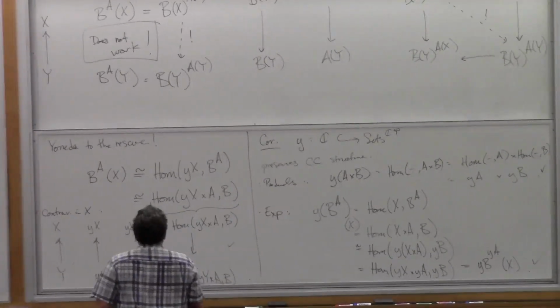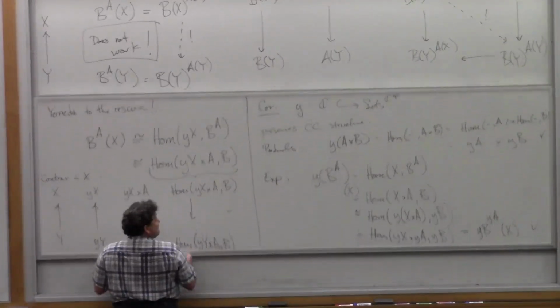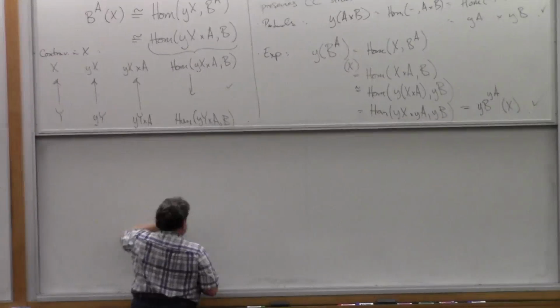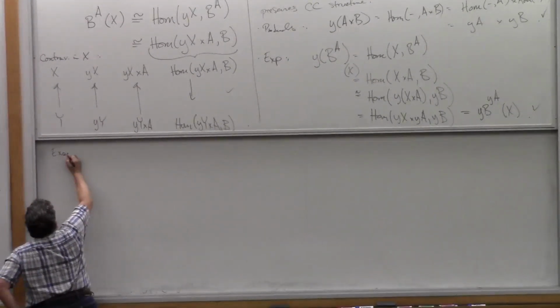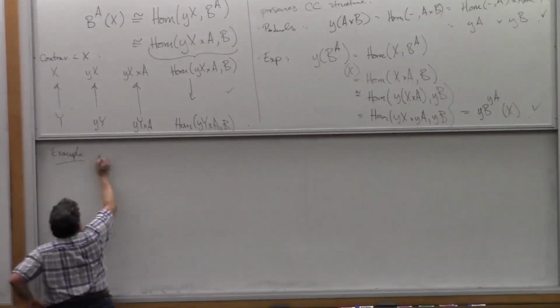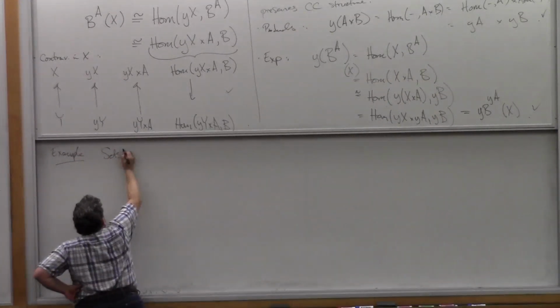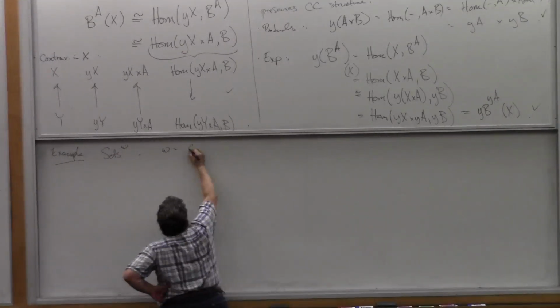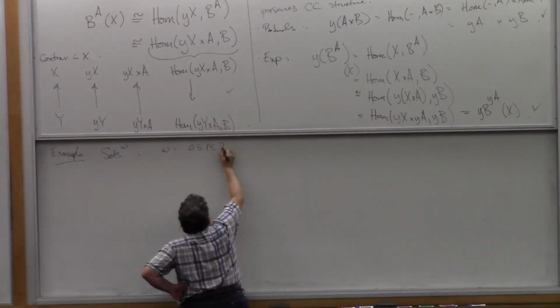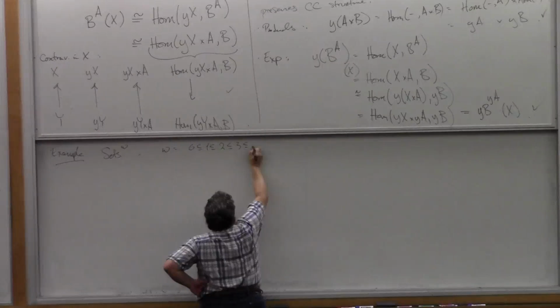Let's look at an example that we had before, which was sets through time. There the poset was just omega, 0 less than 1 less than 2, and so on, forever and ever.